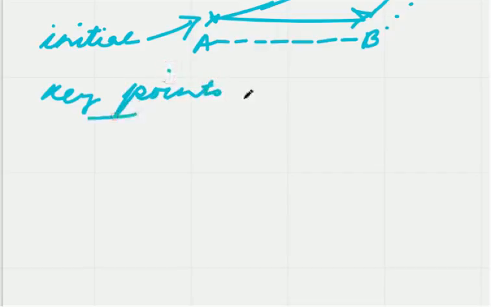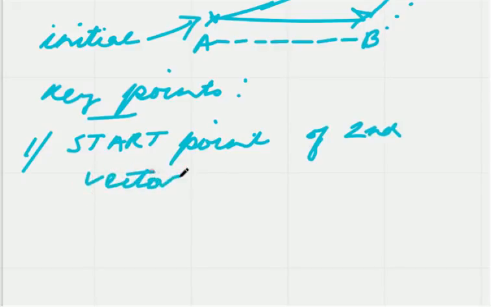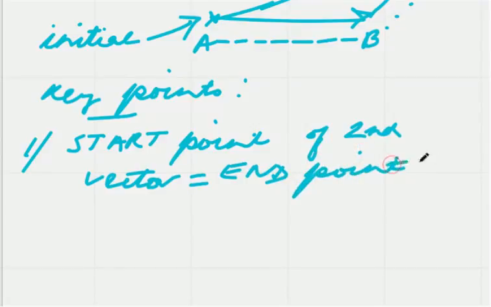That vectors are so arranged that the start point of the second vector is the end point of the first vector.